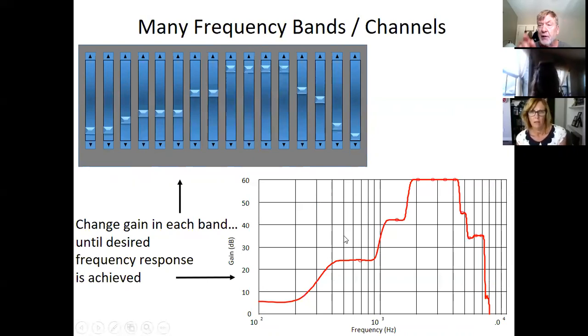And look at how you can literally sculpt or shape the frequency response. This red is a fictitious frequency response of a multi-channel hearing aid. And look at how it matches what I did with these bars. I set these buttons to give most gain here, less over here, less over here.